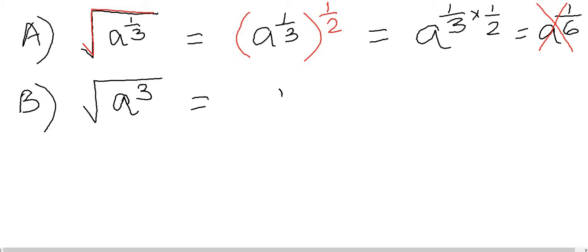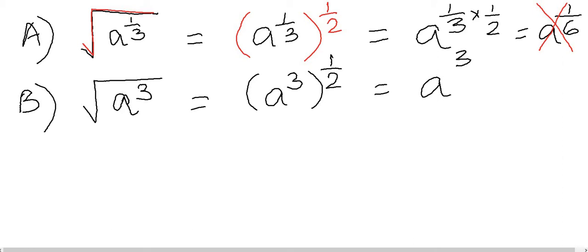So again you write a to the power 3 as is, and then the square root symbol becomes to the power half, and then again you multiply 3 by half and you get a to the power 3 over 2. And the question is asking for a to the power 2 over 3. Right? So again, this is not the correct answer.